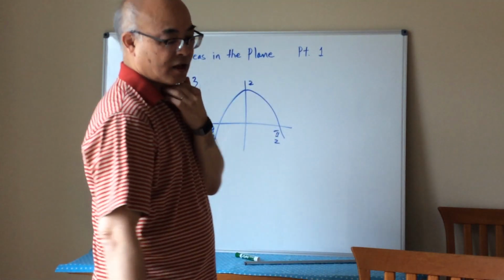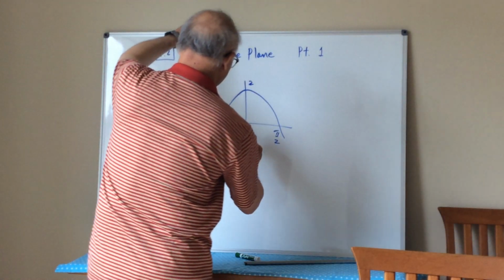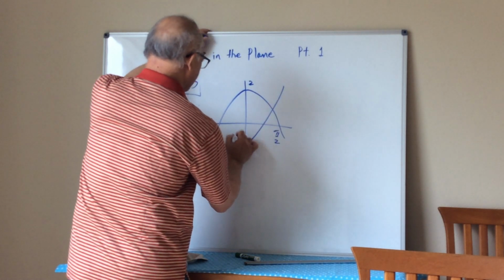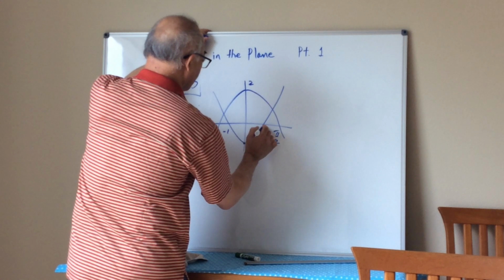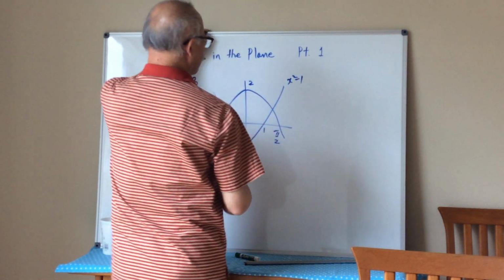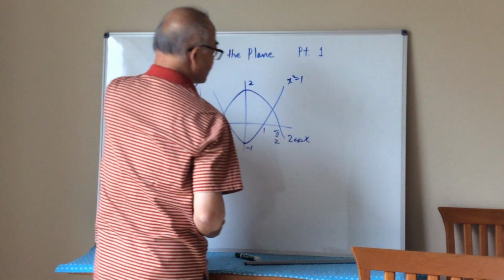And then I have x squared minus 1, so it would be negative 1, and 1 here, because this is x squared minus 1. This one here is 2 cosine x.